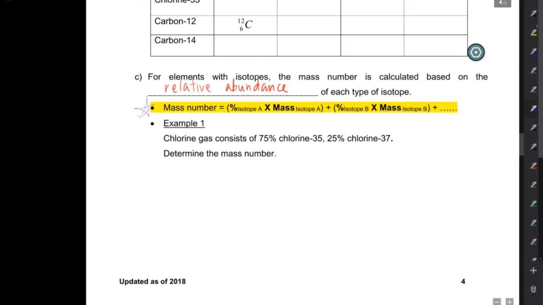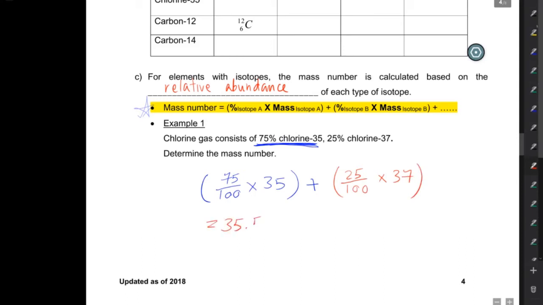So for chlorine itself, because there's 75% of them as chlorine 35, this is the calculation. 75% is actually 75 over 100 multiplied by the mass number, and then we'll add this on to 25% multiplied by the mass number of 37, and this will give us the value of 35.5, and that's how we derive the mass number for chlorine.